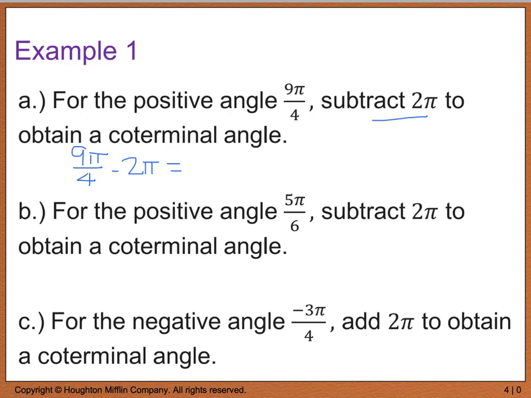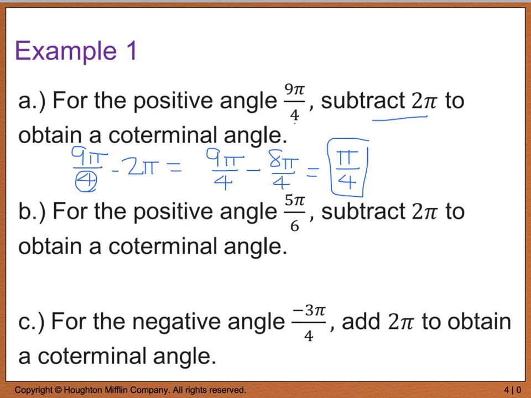To get a common denominator, I'm going to use 4 as my denominator. So I really have 9 pi divided by 4 minus 2 times 4, which is going to give me 8 pi divided by 4. 9 pi minus 8 pi will give me 1 pi divided by 4. So my coterminal angle to 9 pi over 4 would be pi over 4.